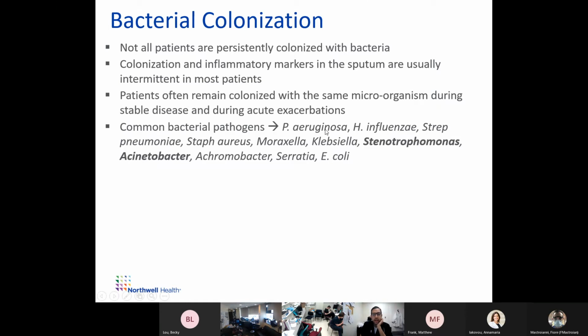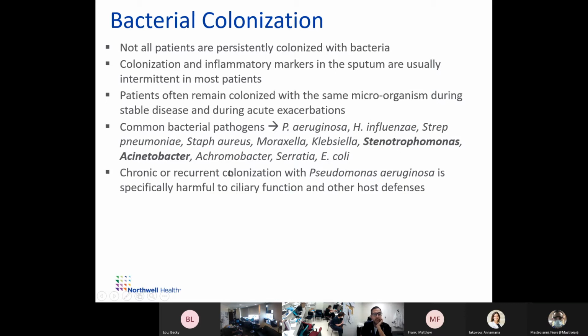We know, you guys know about this, the common bacterial pathogens. We see Pseudomonas, of course, but we see strange organisms that we don't see regularly, like Stenotrophomonas, Acinetobacter, Achromobacter, etc. Very importantly, and this is always on the boards, colonization with Pseudomonas is a bad prognostic sign. These patients have lower FEV1, they have increased exacerbations, they have higher mortality.